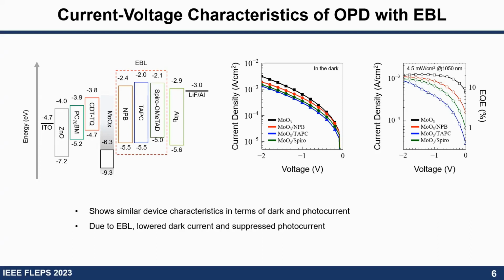The devices with each electron blocking layer show similar characteristics in terms of the dark current, and also in terms of the photocurrent. But due to the electron blocking layer, the dark current is lower than the conventional device, the device without the electron blocking layer, and the photocurrent is suppressed because of the energy level mismatch between the oxide and the electron blocking layer.